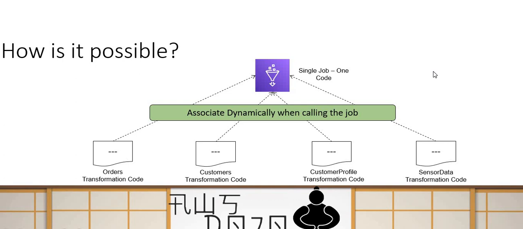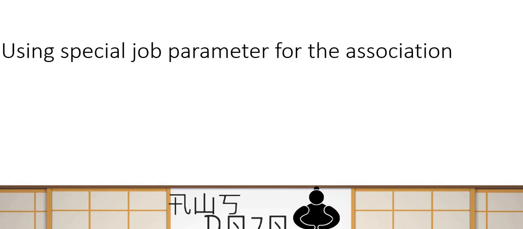So how do I do this dynamic association of this transformation code with the single job, so that the job can take care of table specific transformation requirements? That is possible using a special job parameter which can be used to dynamically associate code with your Glue job.